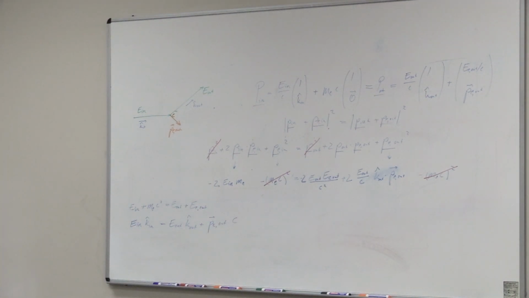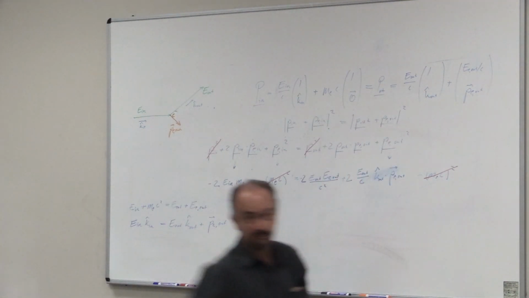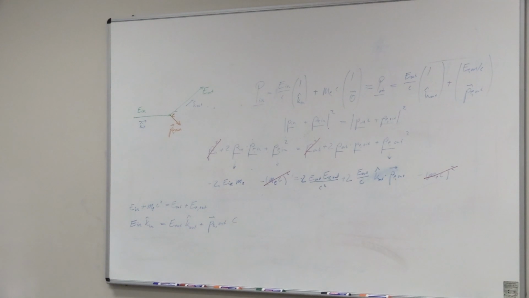Just multiply the c over to everything. That is the space component of this momentum conservation.